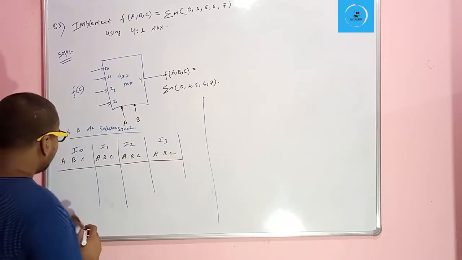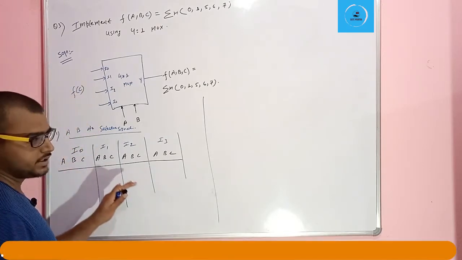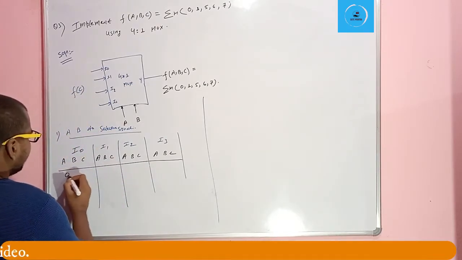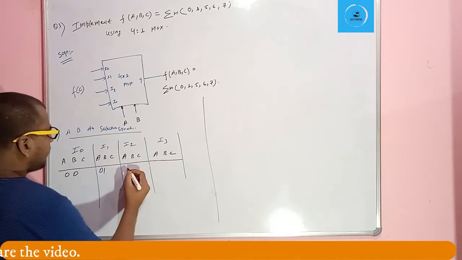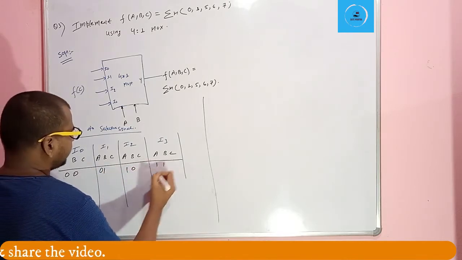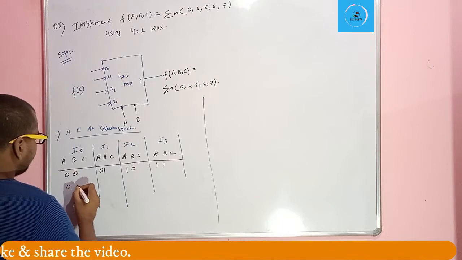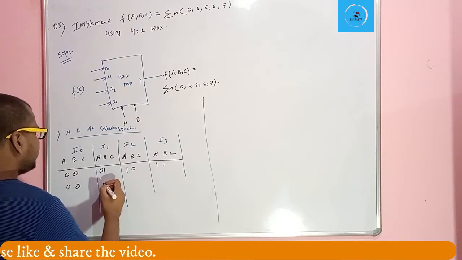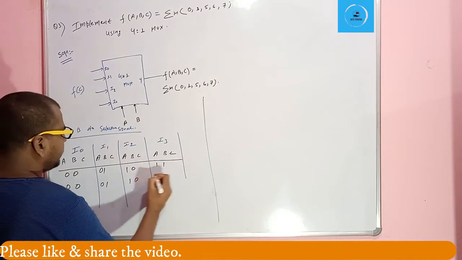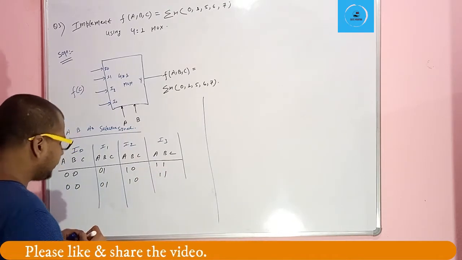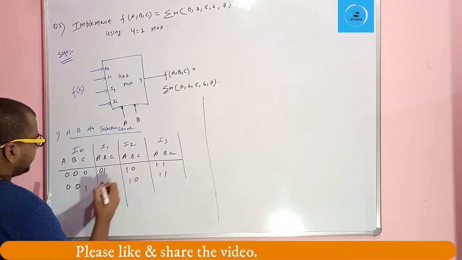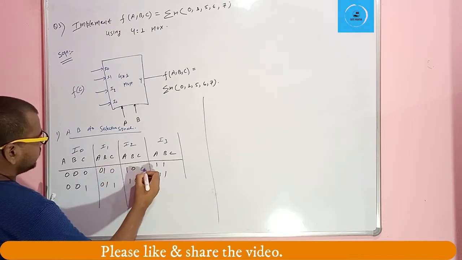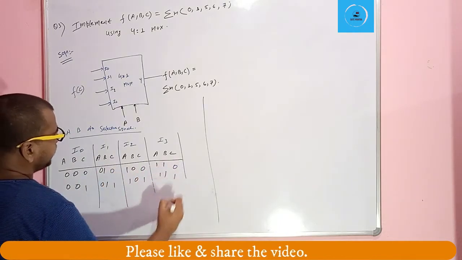Now we have taken AB as the selective lines, so we are going to write here 0 0, 0 1, the four possible values, 1 0 and 1 1. Similarly we write here 0 0, 0 1, 1 0 and 1 1, and we will fill C as 0 1, 0 1, 0 1 and 0 1.